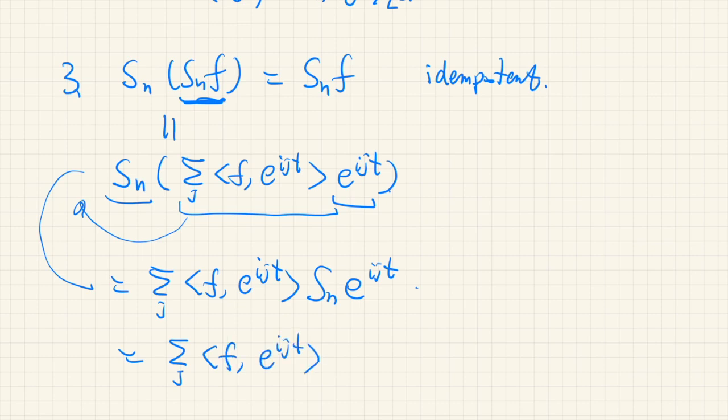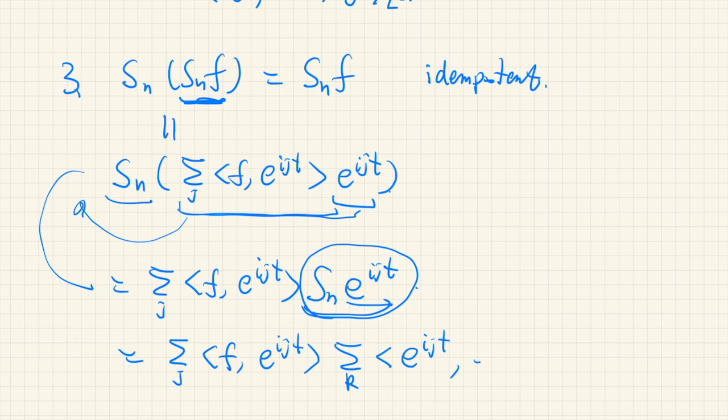So if we apply this type of expansion again to this function, then we have, let's use k here, and so this function is exponential of ijt, and we have e^{ikt} here.